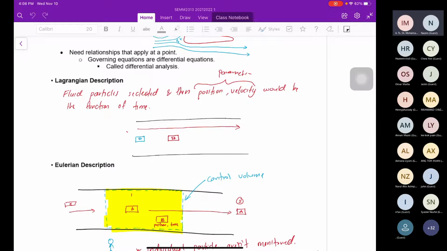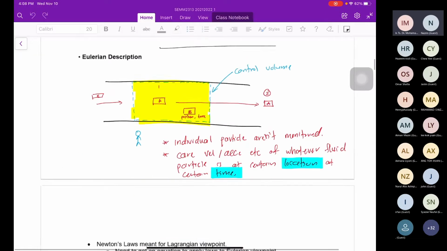The scientist named Lagrange discovered that in order to analyze particle flow, a particle must be selected, and then it is analyzed in terms of position and velocity as a function of time. That means we need to monitor the particle closely, whatever it is, as a function of time.